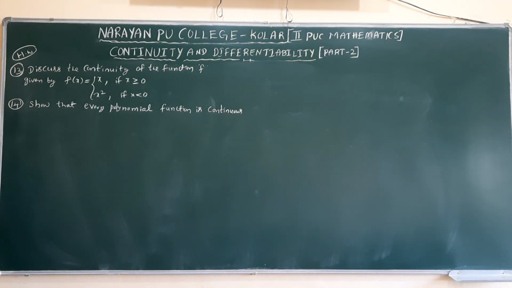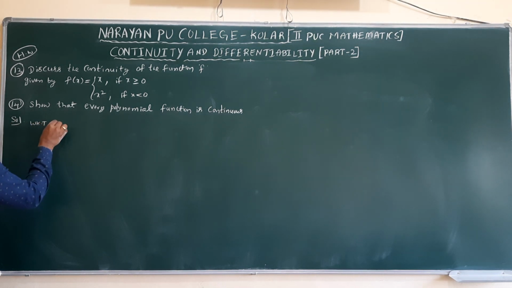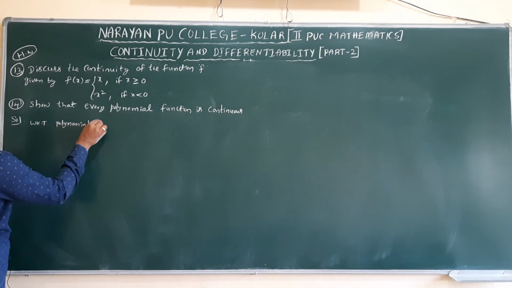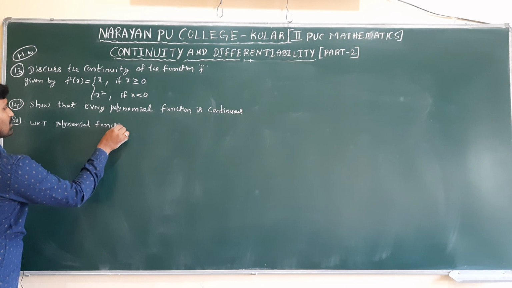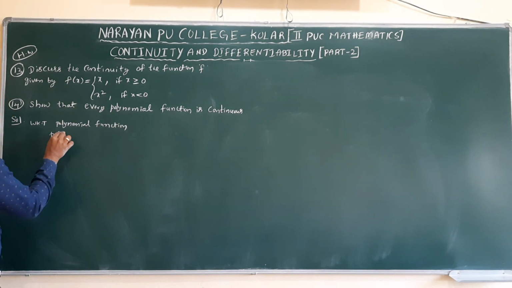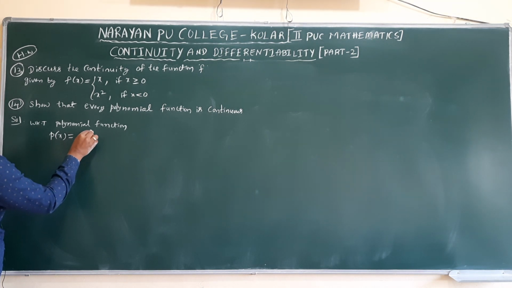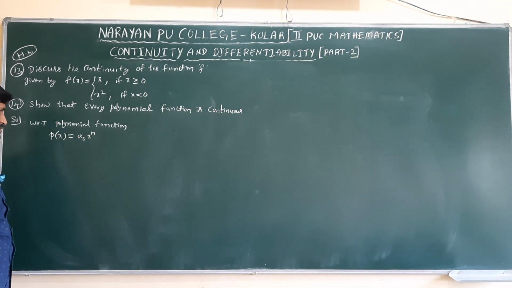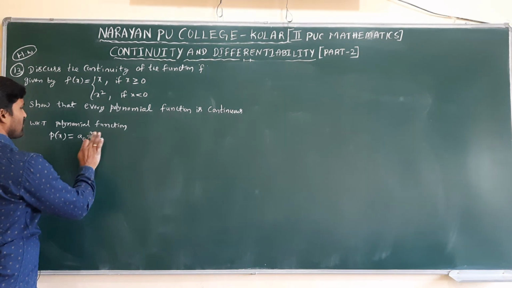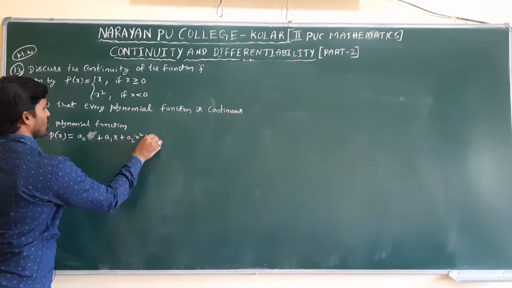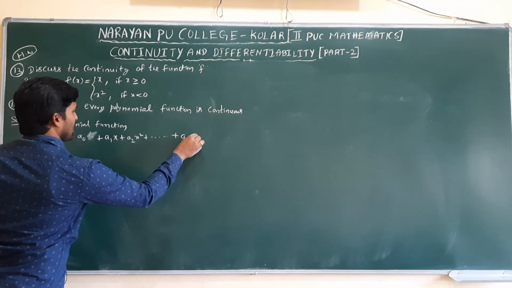Now what is the meaning of a polynomial? The general polynomial function is p(x) equals a naught plus a1 x plus a2 x squared plus and so on, up to a n x power n.